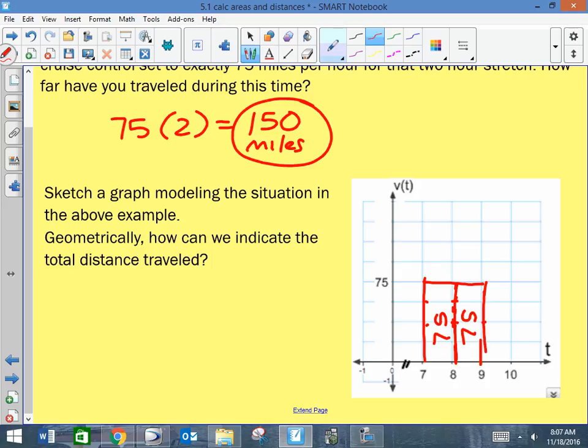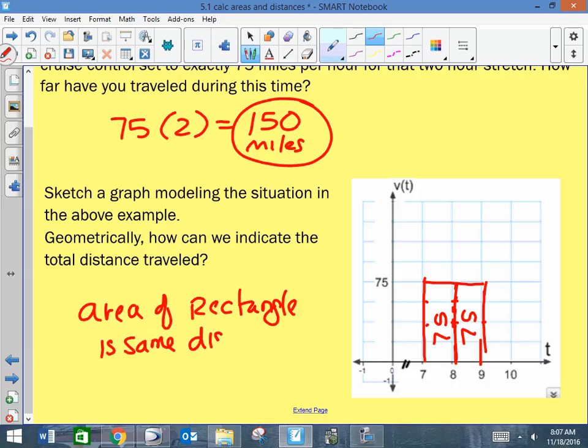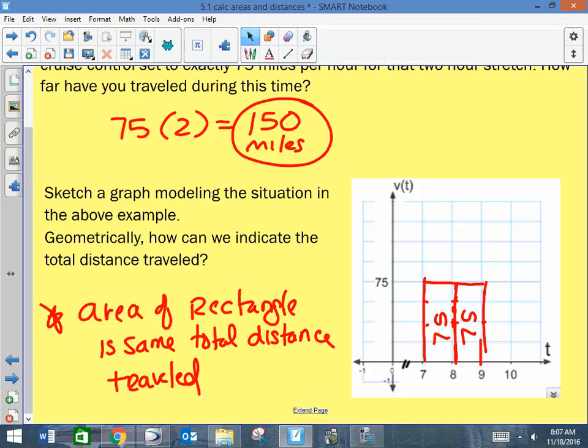So if you look here, the area of the rectangle is the same as distance, and let's be clear, total distance traveled. We'll revisit this a lot because it's like, wait, geometrically it's a rectangle, but it's not. We're going to transfer pretty much everything to rectangles.